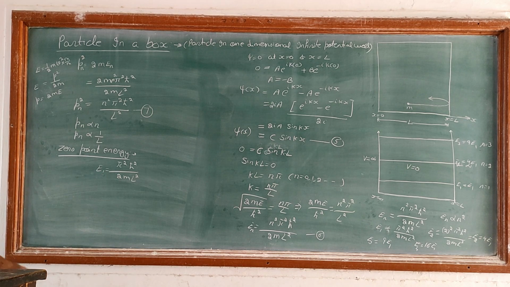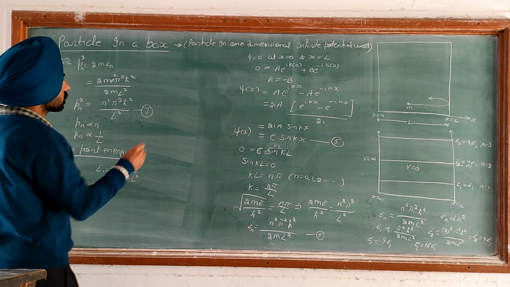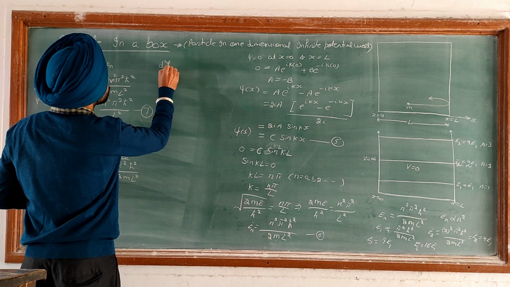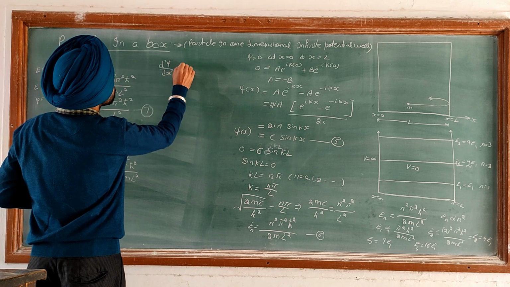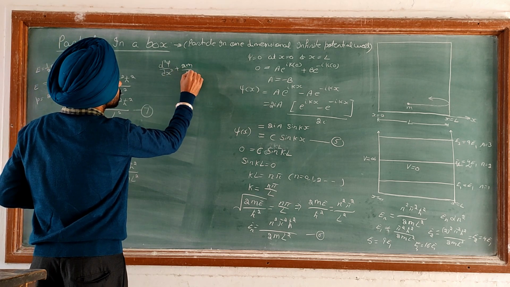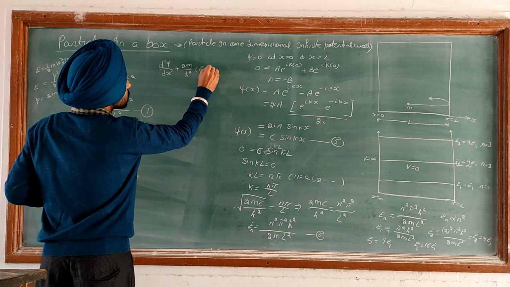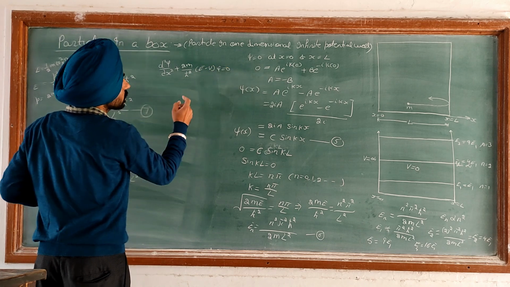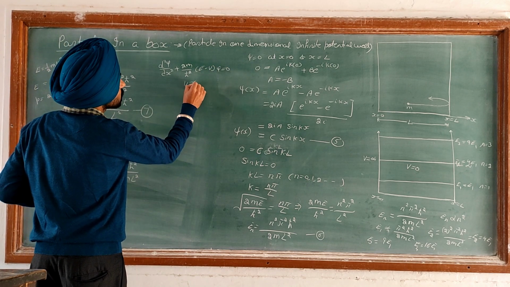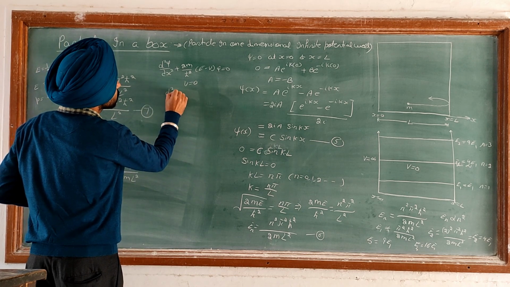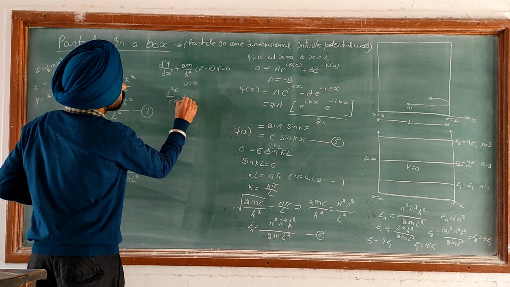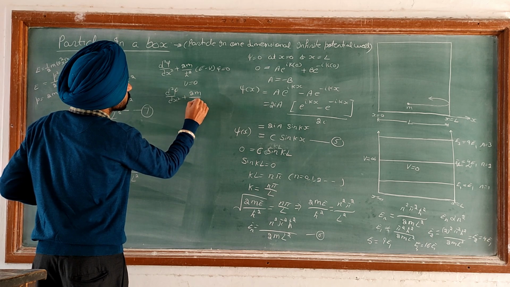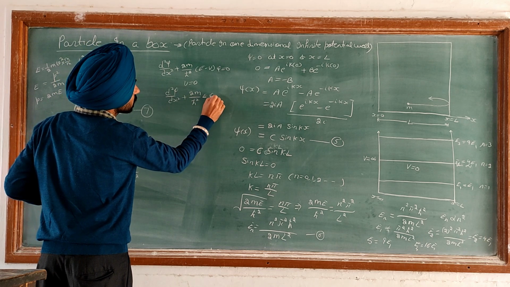It is not allowed because if E is equal to 0, then psi is also 0. When we start the derivation we write d square psi upon dx square plus 2m upon h cut square into E minus V into psi equal to 0, and we know V is equal to 0 inside the well, so we have d square psi upon dx square plus 2m upon h cut square into E into psi equal to 0.